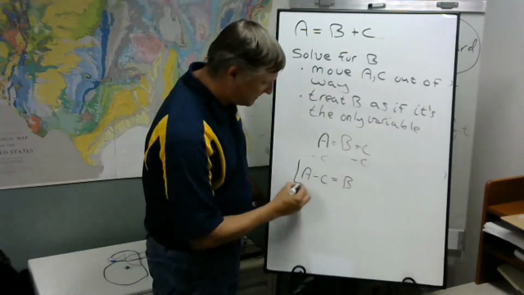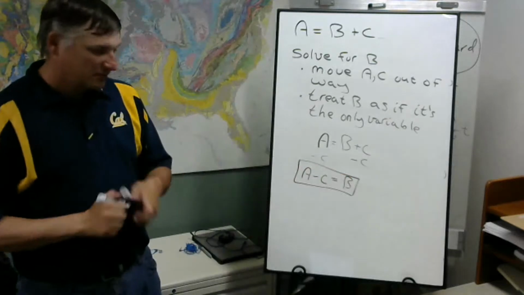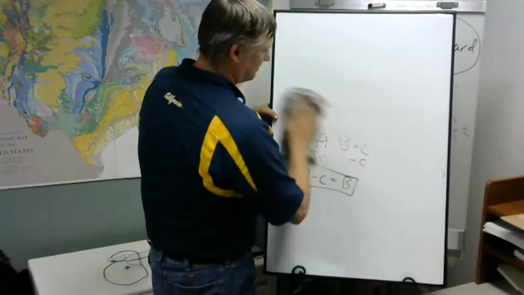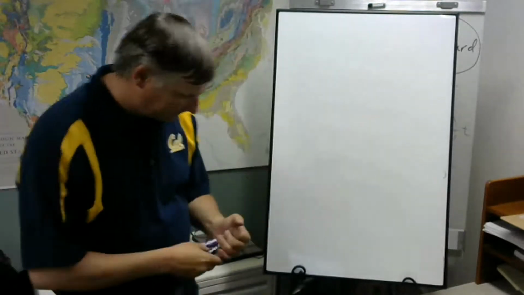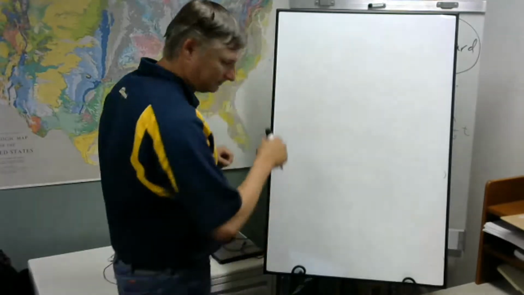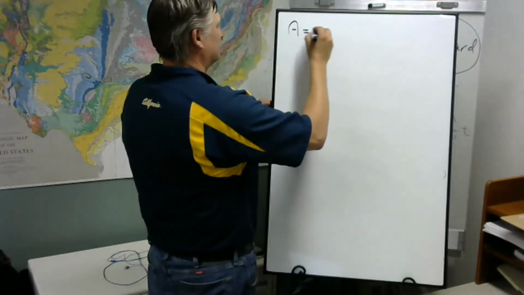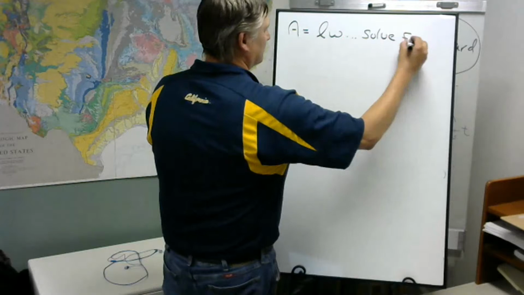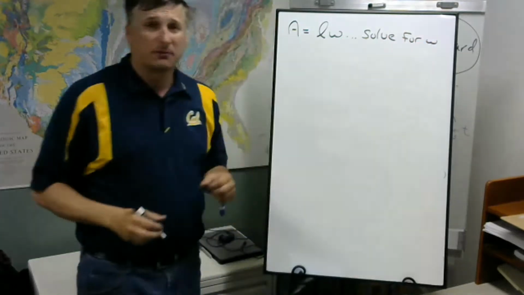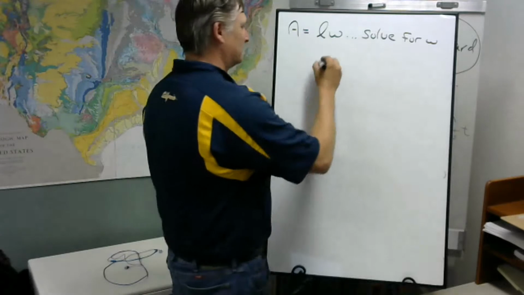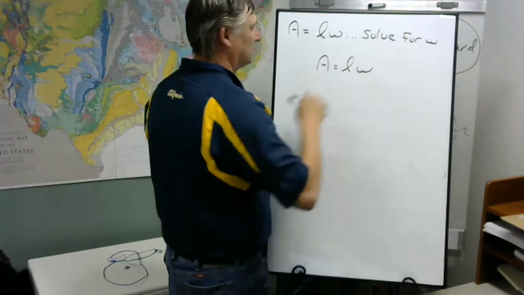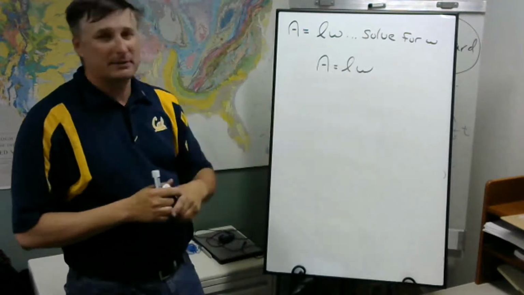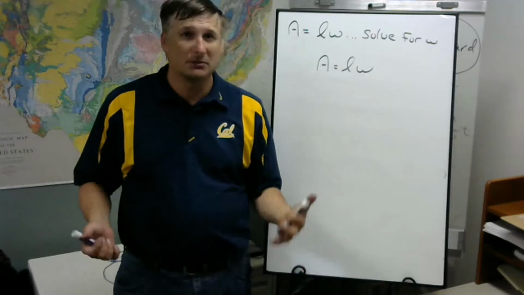So this is a very common thing. So let's do some examples. Let's solve for W. Well, that means we need to get rid of L. Now, L is multiplying the W. So the opposite of multiplication is division.